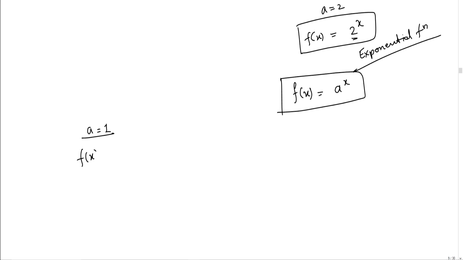So, the function would be 1 to the power x, and what would be 1 to the power something? You are basically multiplying 1 x times. If you multiply 1 x times, how much would it be? Well, it would remain 1, no matter what.